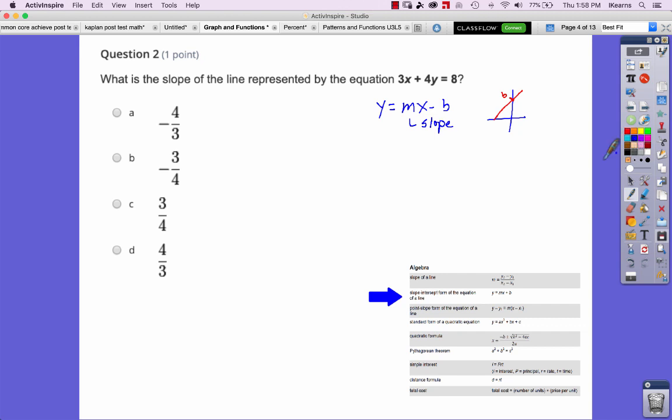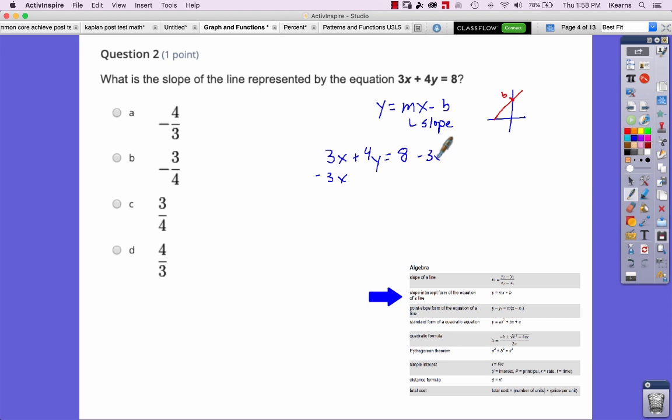Let's dive into the problem. If we rewrite it, which is always a good practice, because on the real GED it'll be on a computer screen and you have to copy it onto paper to figure it out. We want to isolate y all by itself. We need to move everything that's non-y to the other side of the equal sign. So let's subtract 3x from both sides.